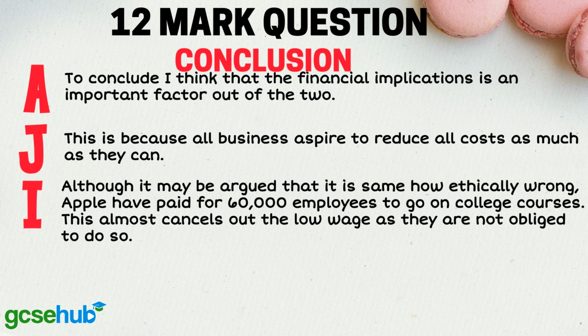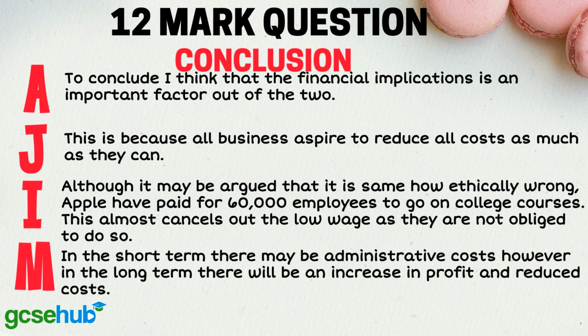Moving on to the I, it depends. Although it may be argued that this is somehow ethically wrong, Apple have paid for 60,000 employees to go on college courses. This almost cancels out the low wage argument. And finally, make a decision. In the short term, there may be admin costs. However, in the long term, there'll be an increase in profit and reduced costs.